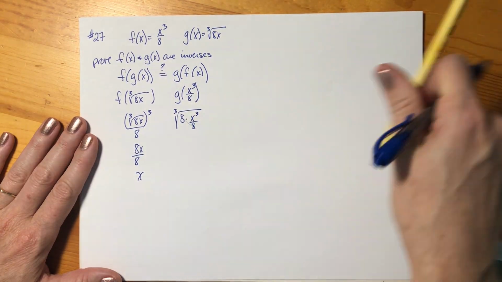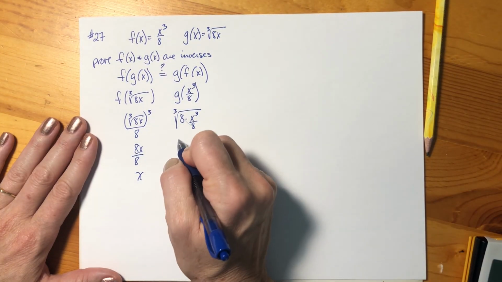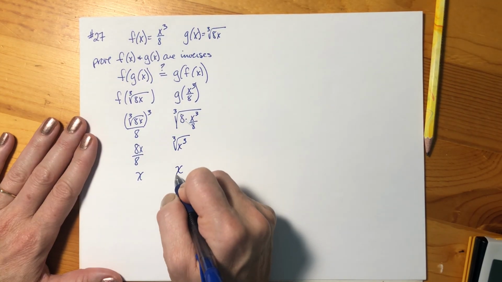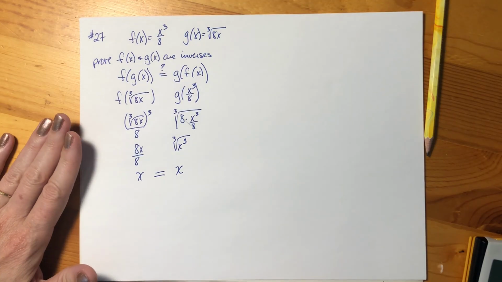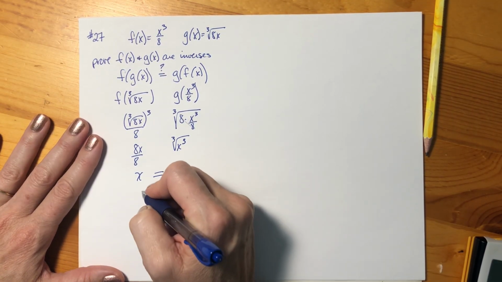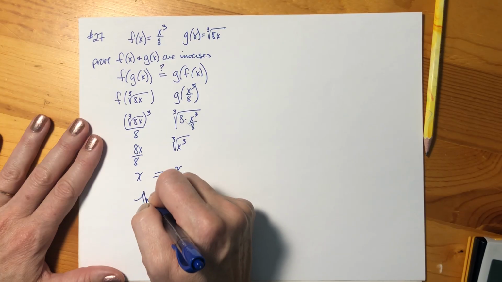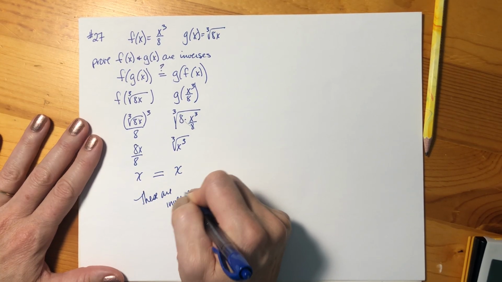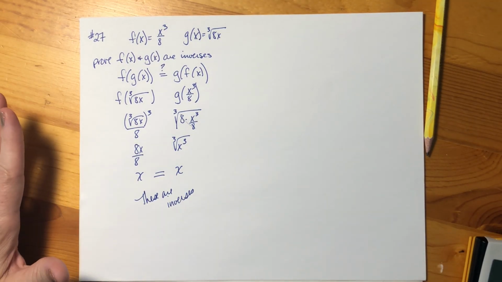These are going to fall right out, aren't they? Beautiful. So I have the cube root of x to the third, which, my friends, is x, and x is equal to x. Woohoo! So I have just proven that these are inverses.